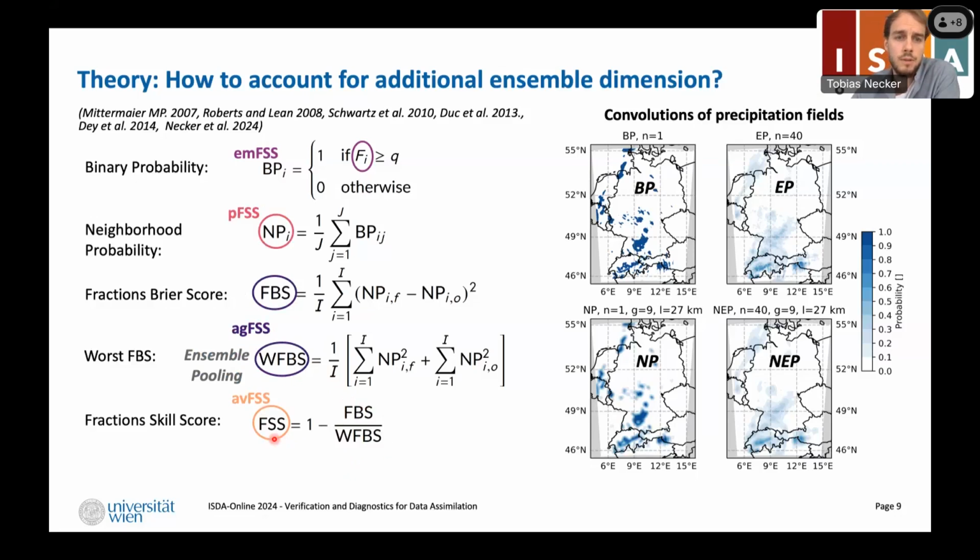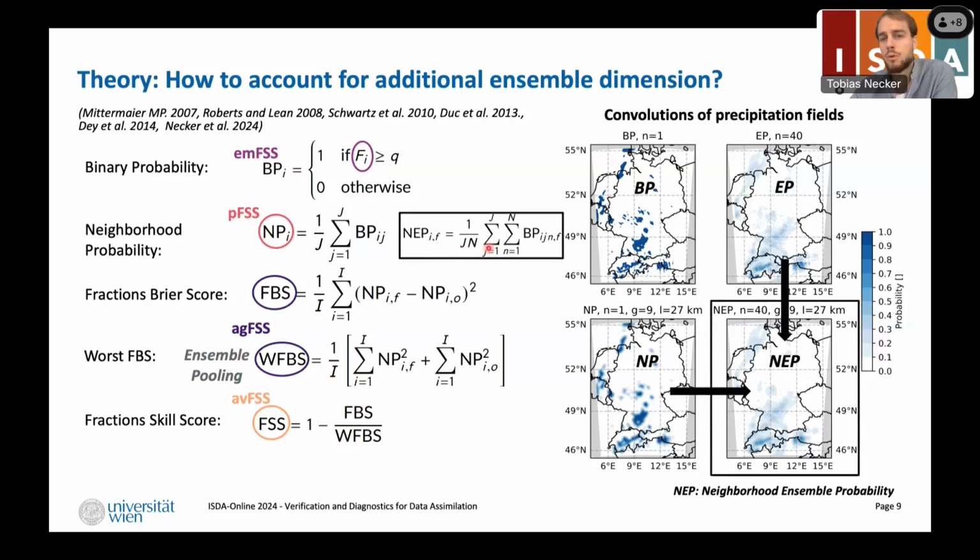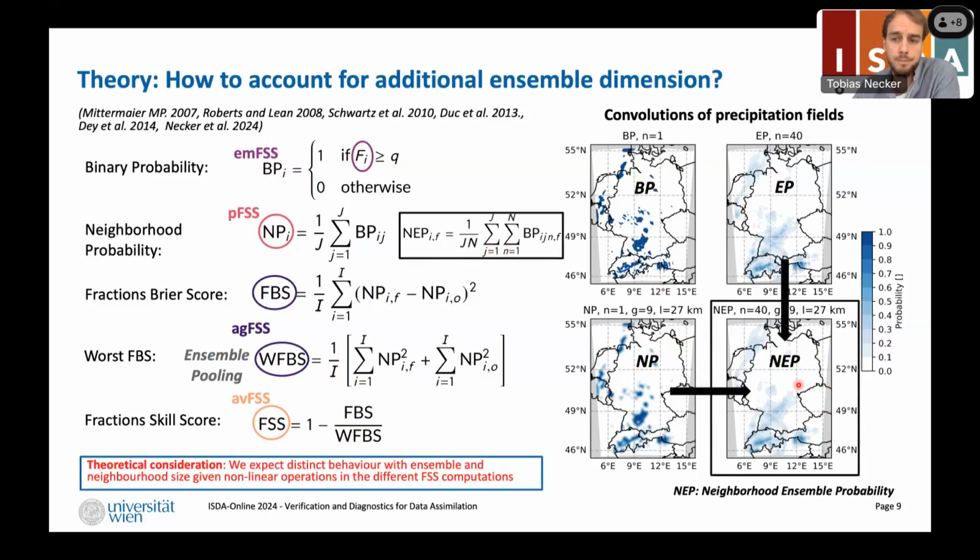And the last option is you can replace the neighborhood fractions with a neighborhood ensemble probability. What this means is you combine your ensemble probabilities with the neighborhood probabilities to derive a combined probability field. And this is what we call the probabilistic FSS.